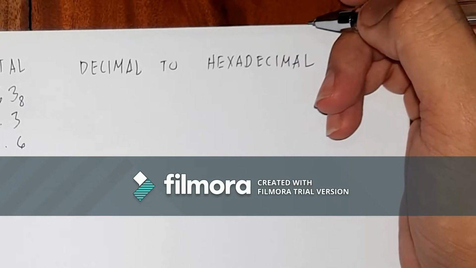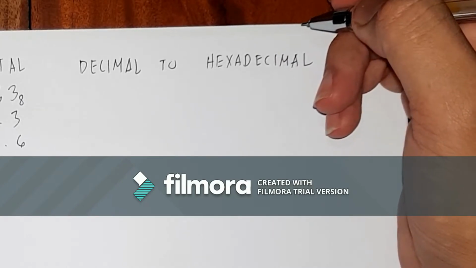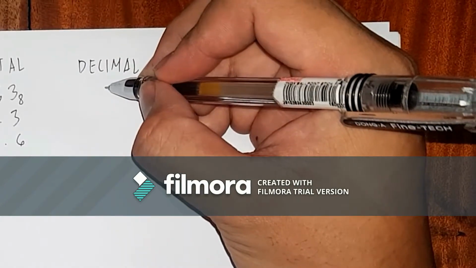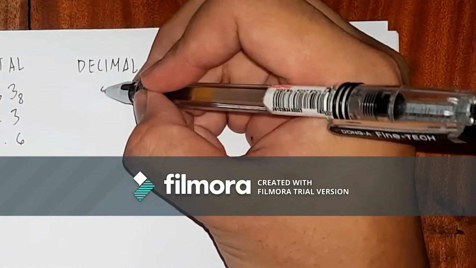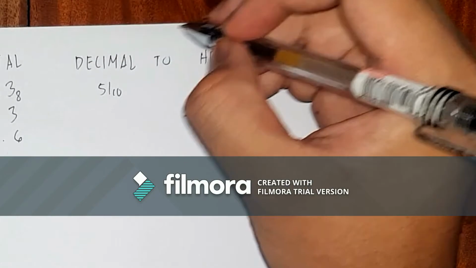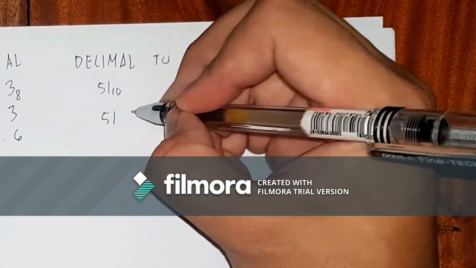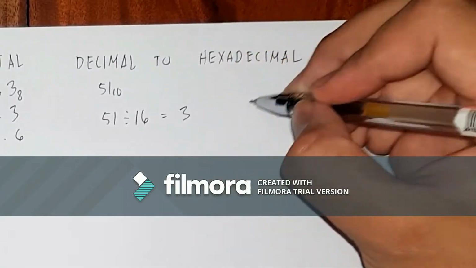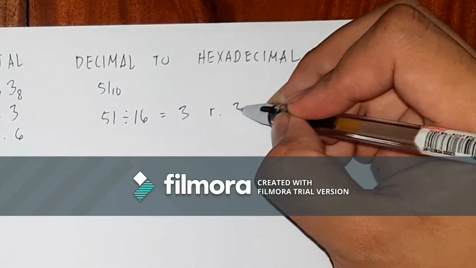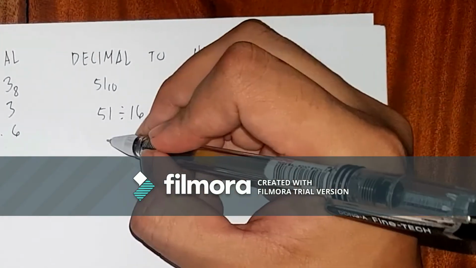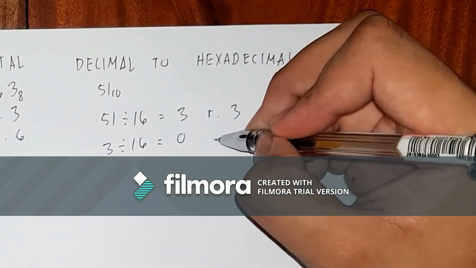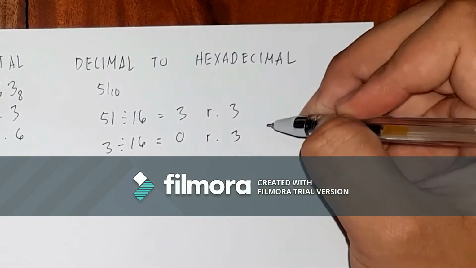So we will be using 16 as a divisor. Same given, decimal number 51. 51 divided by 16 is equal to 3, remainder 3. Next, 3 divided by 16 is equal to 0, remainder 3.